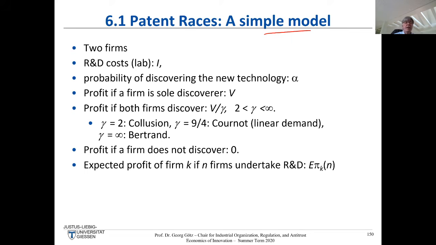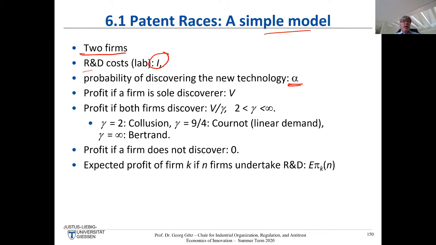Okay, so the idea in this very simple model is the following. Suppose we have two firms, and each firm can set up an R&D laboratory, where you have some researchers trying to get an innovation, and it costs you some investment I. By setting up this R&D laboratory, you get a certain probability alpha of discovering the new technology.